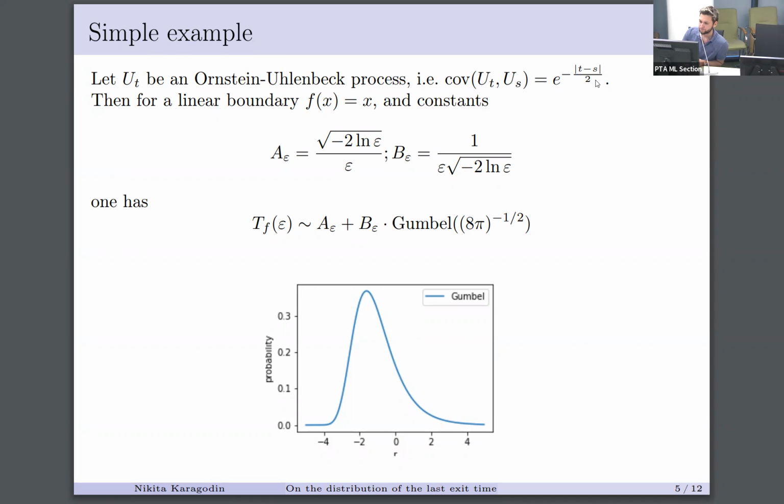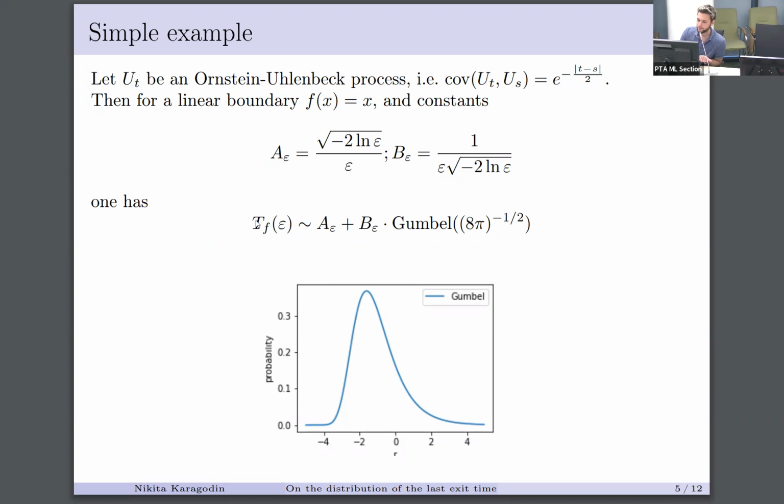And also we consider the simplest example of the boundary just because it allows us to write these constants in a simple way. Then you can take these two constants, square root of -2 logarithm of epsilon divided by epsilon, and 1 over epsilon times square root of -2 logarithm of epsilon, and you get the result of the theorem.